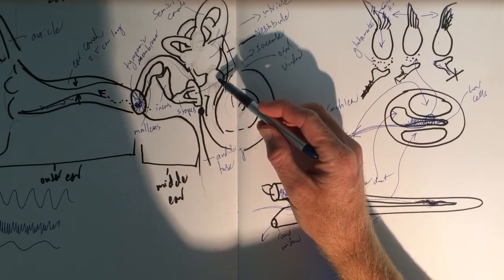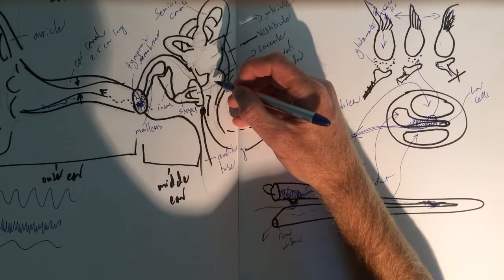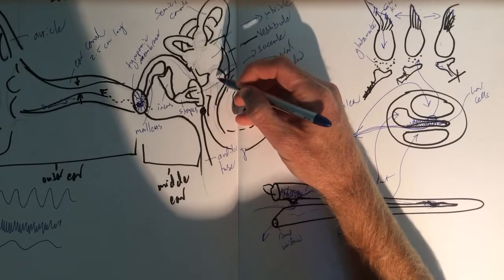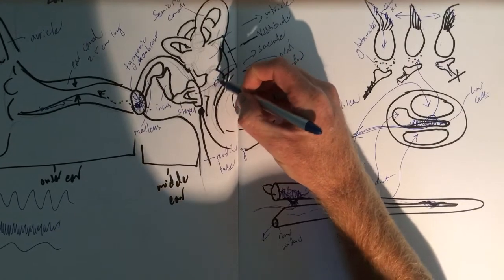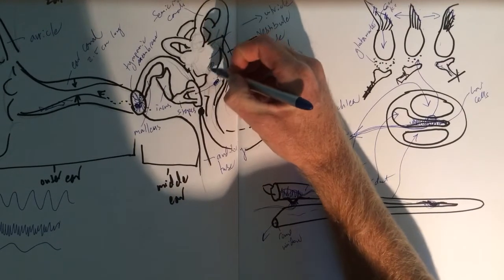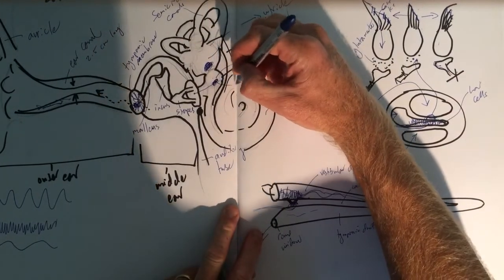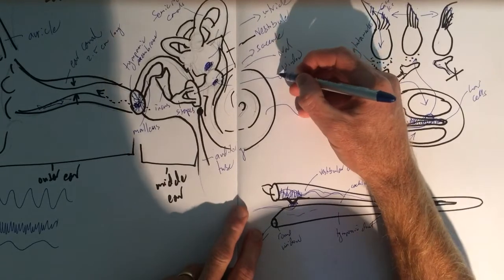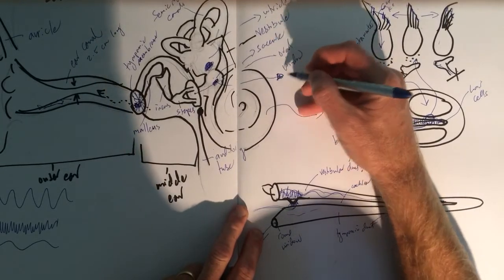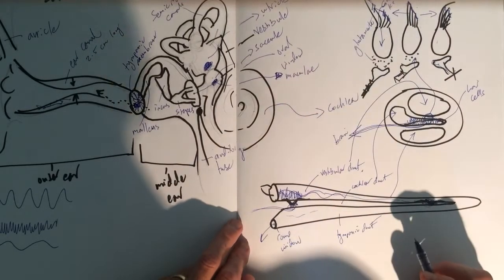Now, on the other hand, when we're talking about balance and we return to these structures, the saccule and the utricle, they contain a different type of structure that also consists of hair cells called maculae. So I'll draw a little structure right here. This blue structure that I just drew, housed inside the saccule and the utricle of the vestibule, is called a macula.